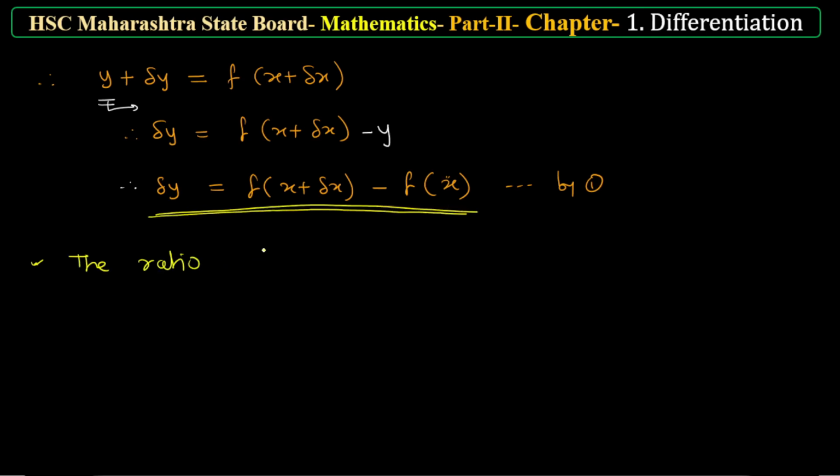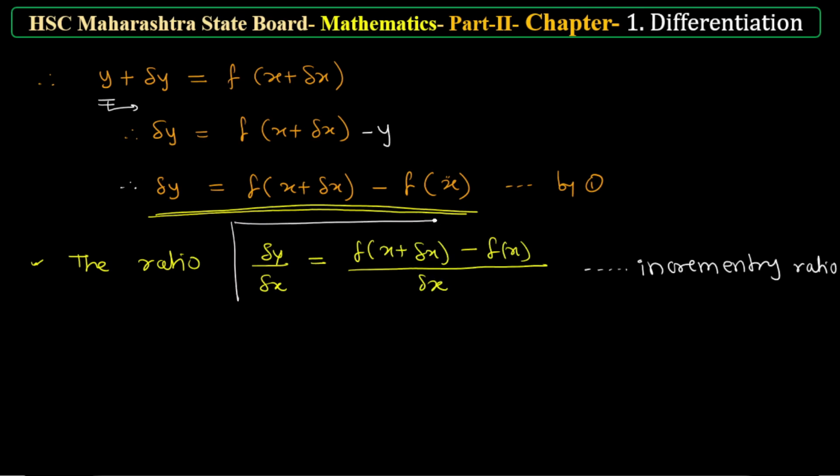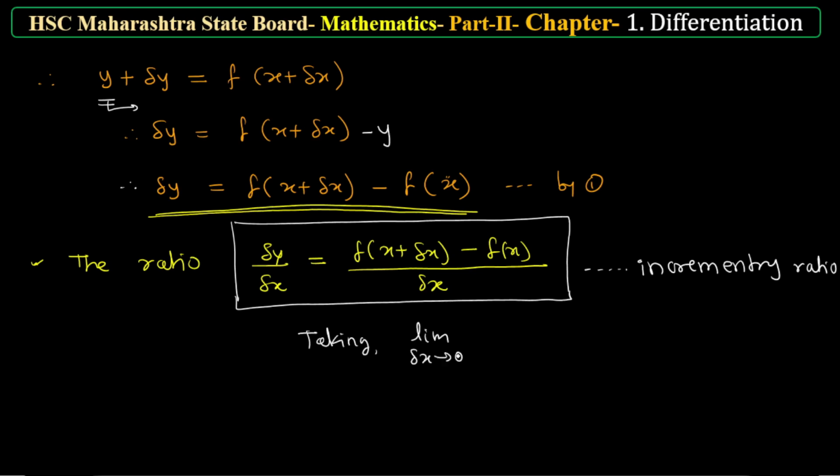The ratio delta y upon delta x is f of x plus delta x minus f of x, divided by delta x. This ratio is called the incrementary ratio. Now taking limit on both sides, limit delta x tends to 0.